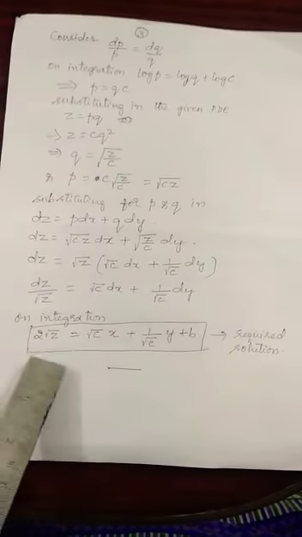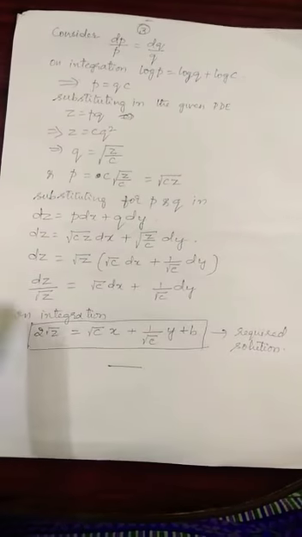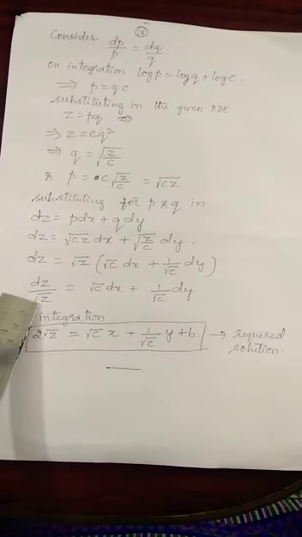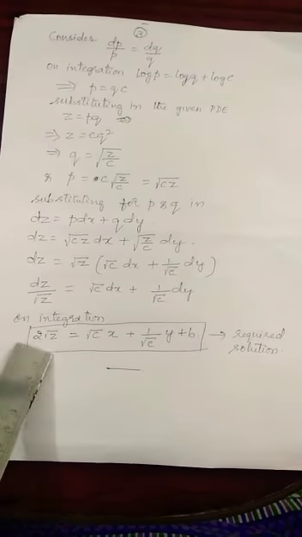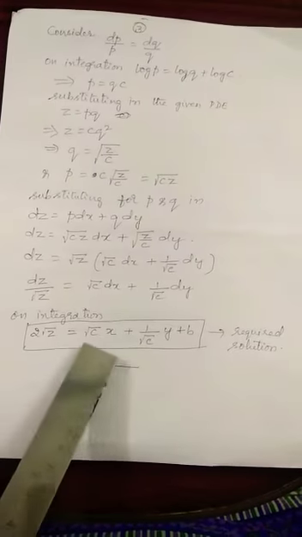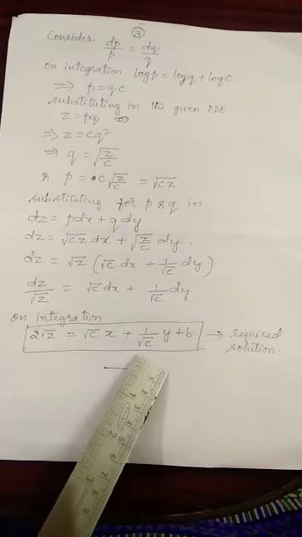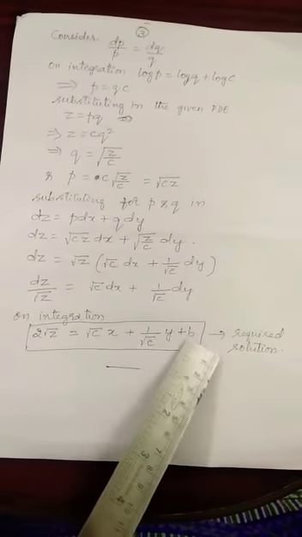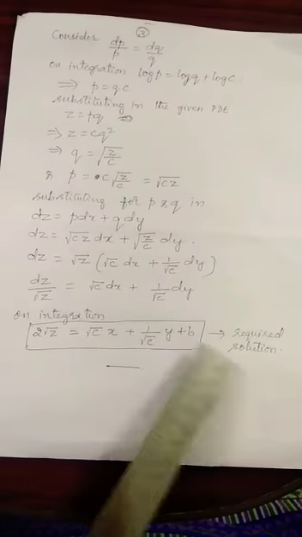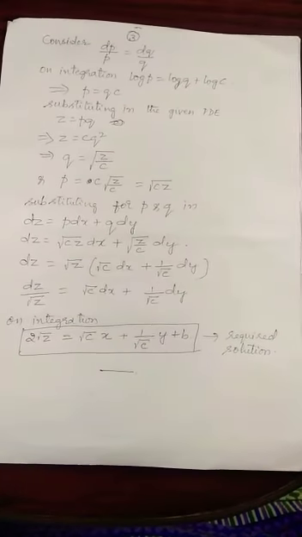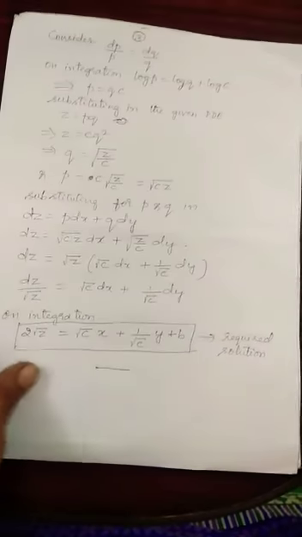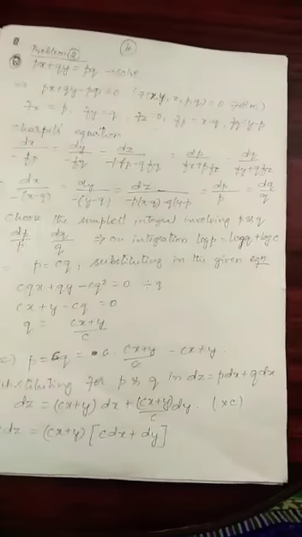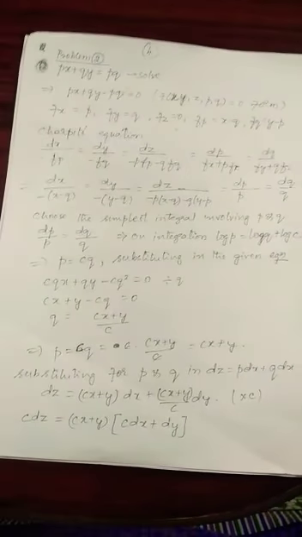Integrating, the integral of dz by root z is 2 root z, which is equal to root c x plus 1 over root c y plus the constant of integration b. So this is the required solution. You have solved one problem. We shall take the next problem.